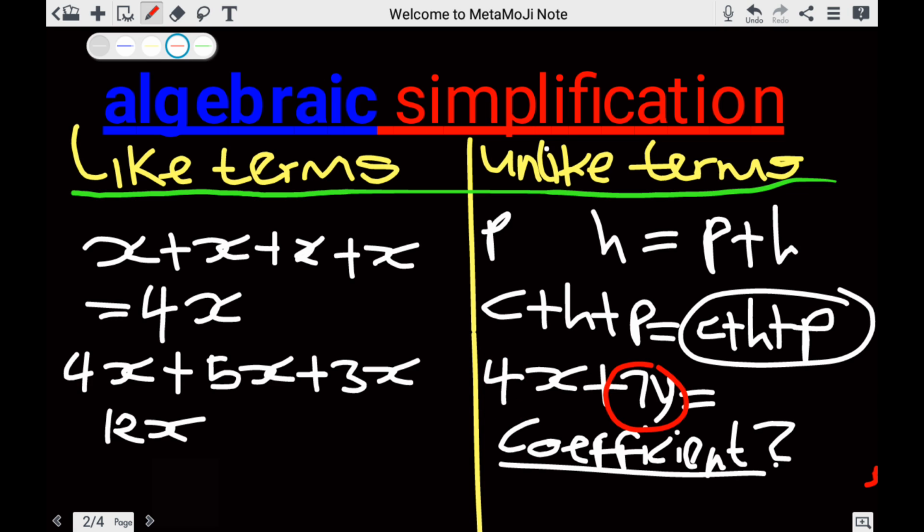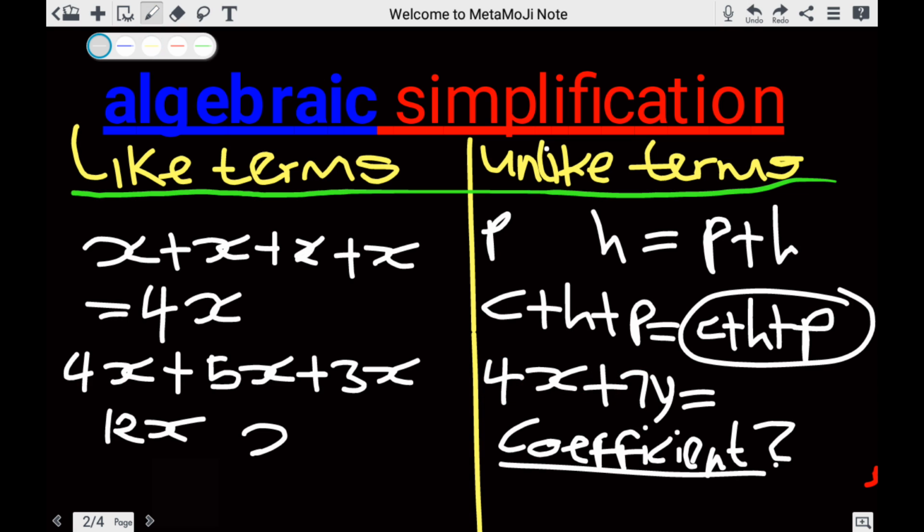In 7y, the coefficient is 7. So the coefficient is the number that is multiplied to the letters in there, to s and to y. These numbers 4 and 7 are called their coefficients.